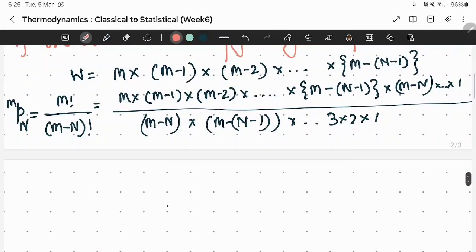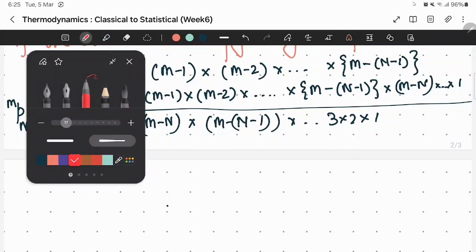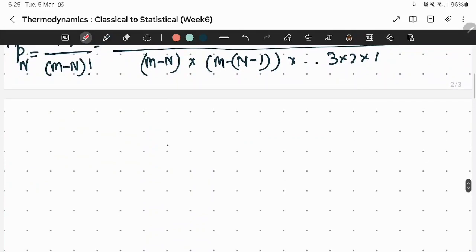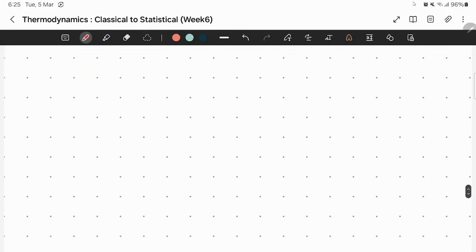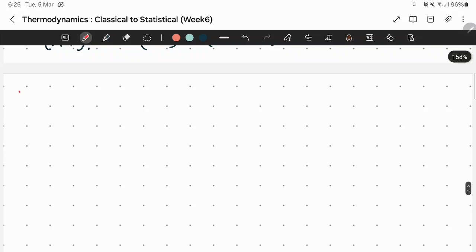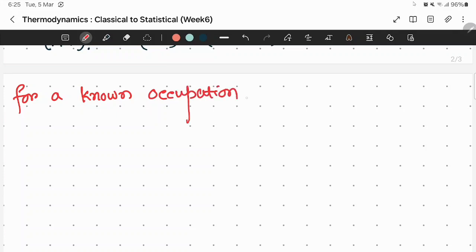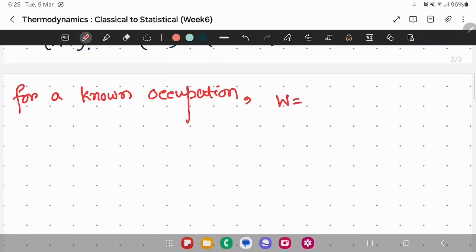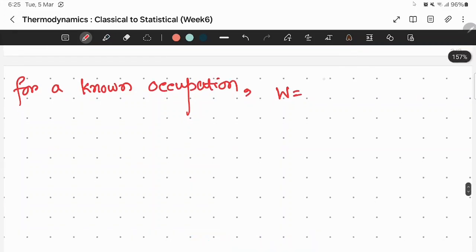And if the occupation is given, which in class we know is discussed, when the occupation is given, then for a known occupation the W will be n factorial divided by the product of ni factorial.